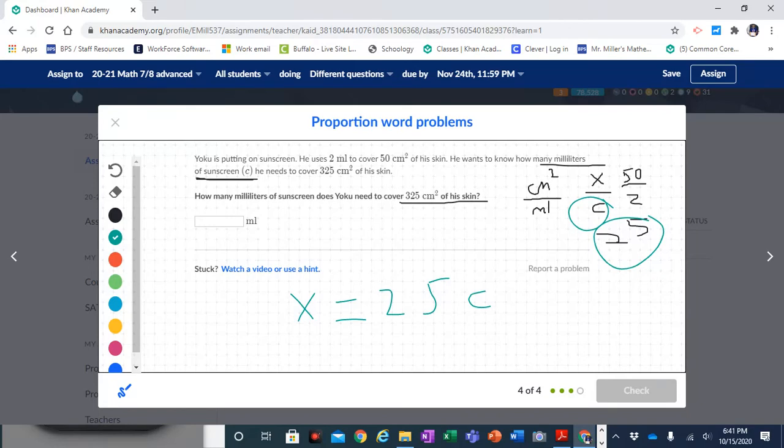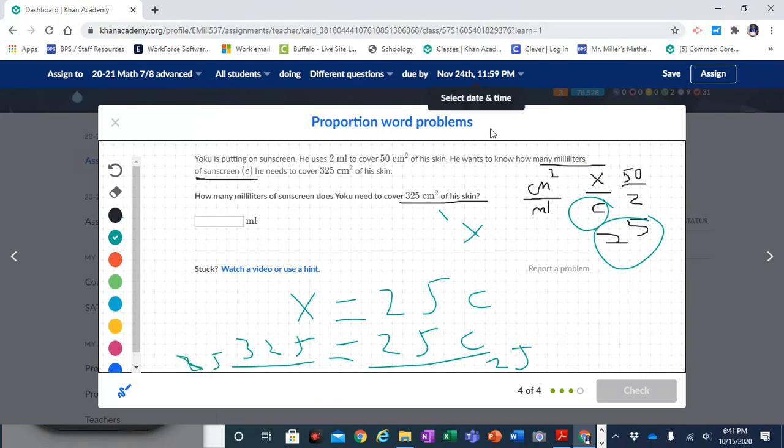Now the centimeters squared, again, for us is going to be the letter X. It's a little confusing because they made us use C for milliliters. So X is the centimeters squared. So we know that that's 325 equals 25 times C. So to solve this, you have to divide both sides by 25.